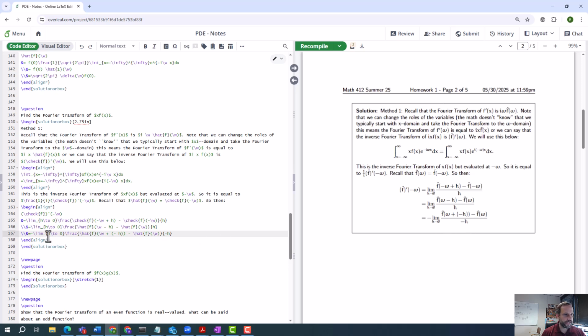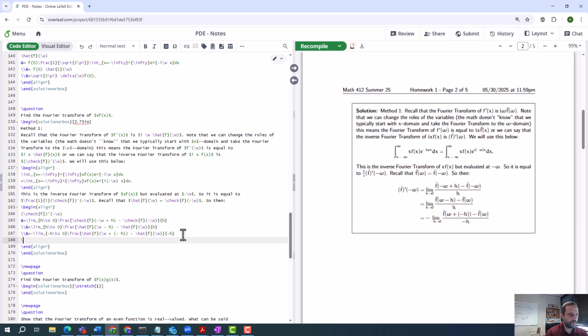So I can also change this to a minus h here. It's the same thing. And now this right here is the derivative evaluated at omega. Then I have the minus sign, and so this is equal to minus the derivative of f hat at omega.